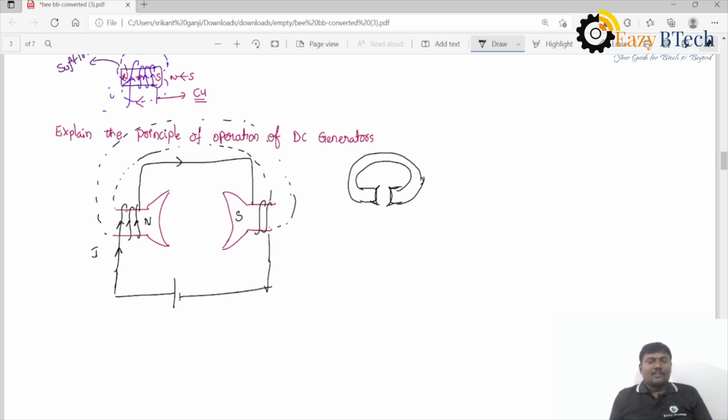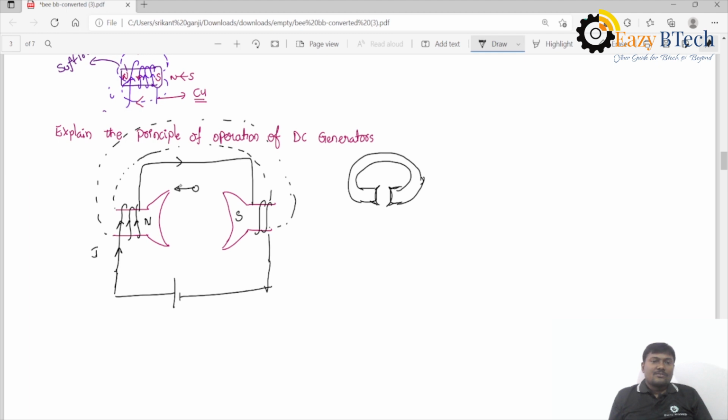This is the construction. Now I am taking a single conductor. The front view of the conductor is a dot, and I am rotating the conductor in the anti-clockwise direction.